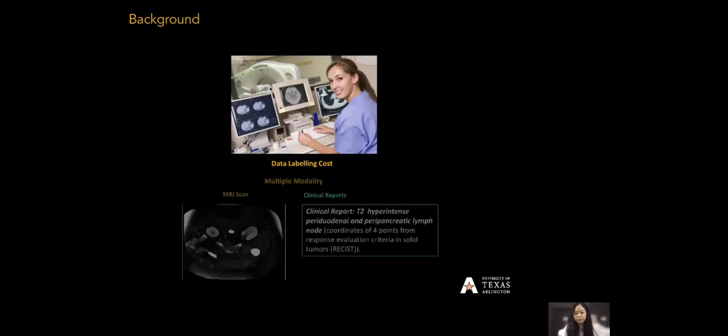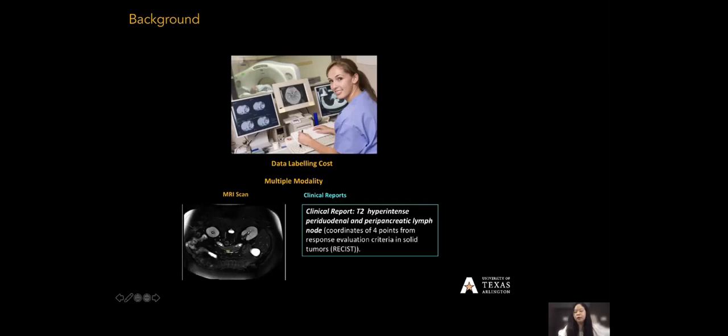So one idea is, in the hospital, we usually have the MRI scan, and we also have the clinical reports written by the radiologists or physicians describing the information seen from the images. For example, here we show an MRI scan, and here we also show the clinical report associated with this MRI scan.